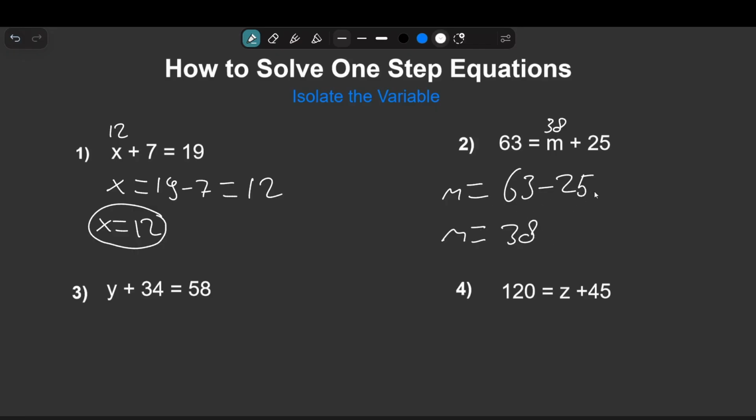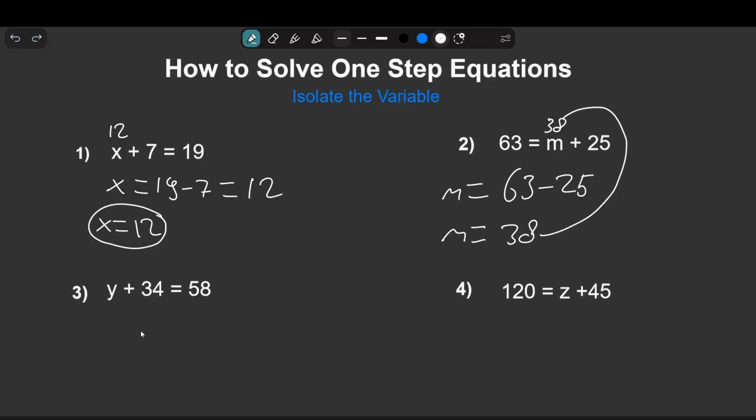Now we can check this by plugging it in right here. 38 plus 25 equals 63, which means that 38 is our final correct answer. So you have 2 methods for this. I like this method better, where you just do it by hand manually, but if you are good at mental math, you can just do it immediately without doing the method.